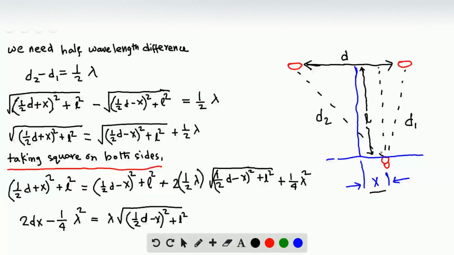The distance from this microphone to the midpoint of the speakers is L, and the distance between the speakers is D. So d2 is basically, we'll be using the Pythagorean theorem, and to get that we need this distance and this much distance.